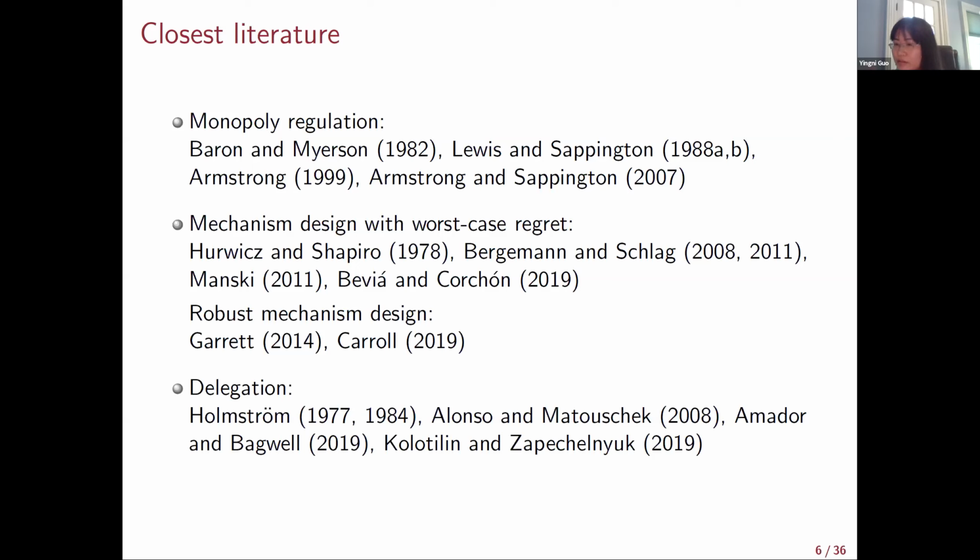I haven't thought about how to incorporate that into the game with the regulator. But that's a good motivation for why we are focusing on the posted price mechanism for the firm. But going forward, I think we should also explore what happens if we look at the Myerson-Satterthwaite framework, which would allow the firm to post bundles instead of just the price. Yeah.